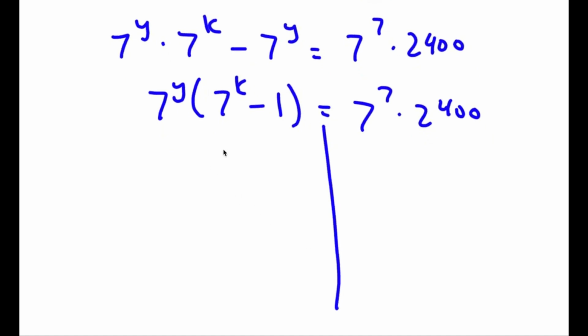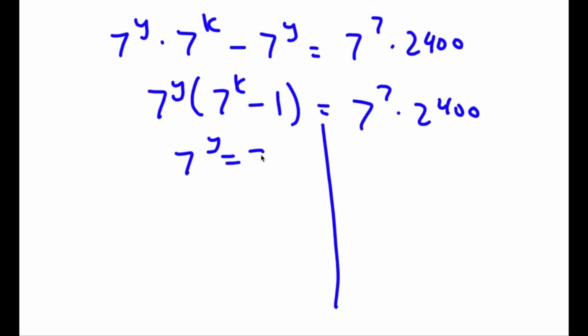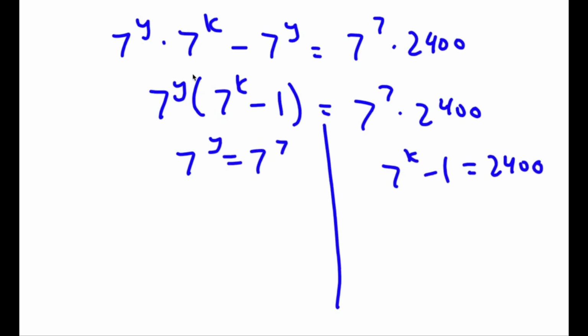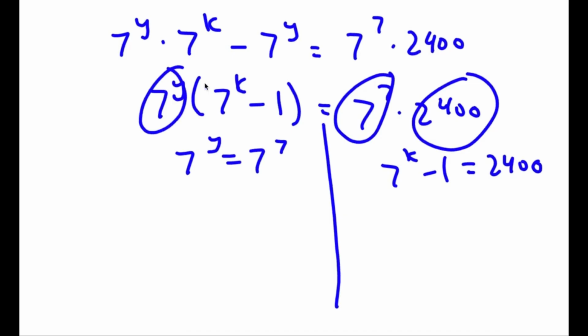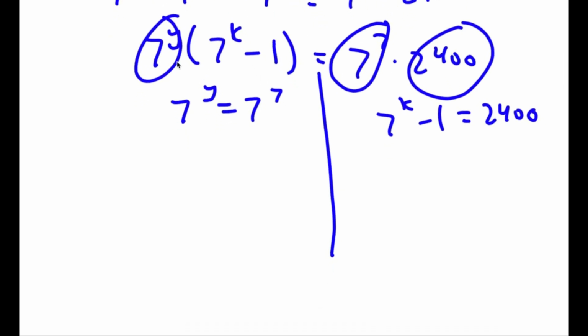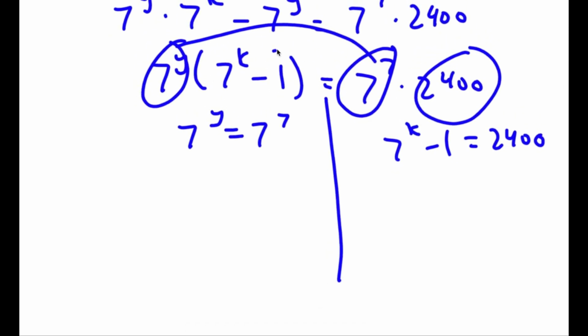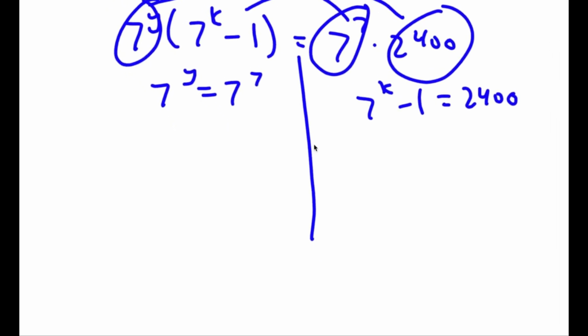Now this gives me two equations. I have 7 to the power of y equals 7 to the power of 7, and 7 to the power of k minus 1 is equal to 2400. This is because, as you can see, this is in the form a term times a term, and this is the same thing, a term times another term. So that's why we made these two terms equal to each other, and we made these two terms equal to each other.